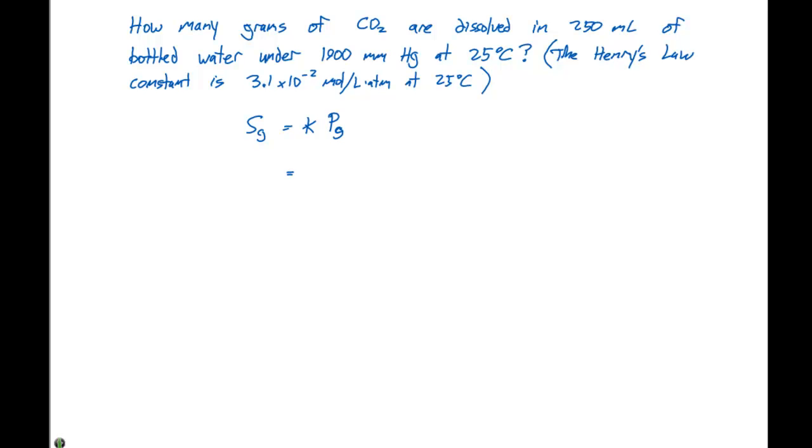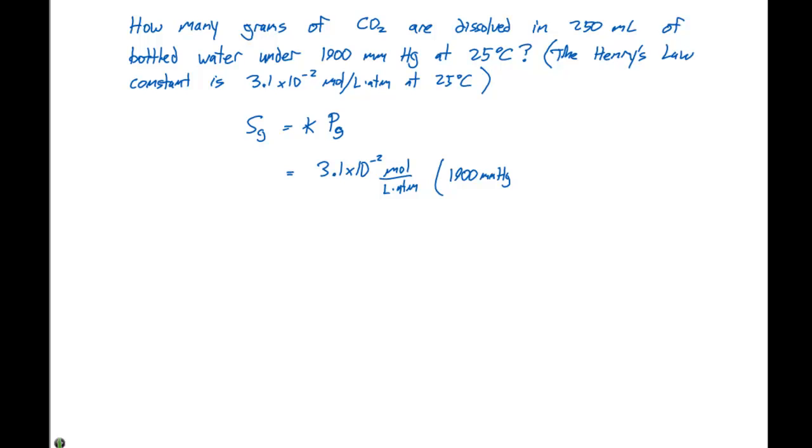So our Henry's law constant is given as 3.1 times 10 to the minus 2 moles per liter atmosphere times the pressure of the gas, which is 1900 millimeters of mercury.